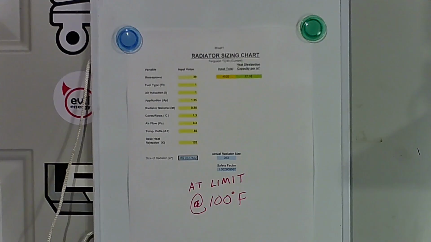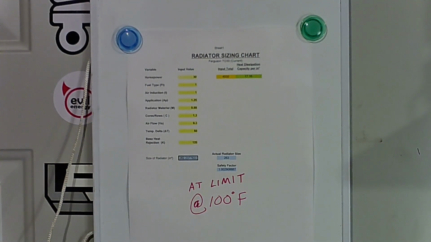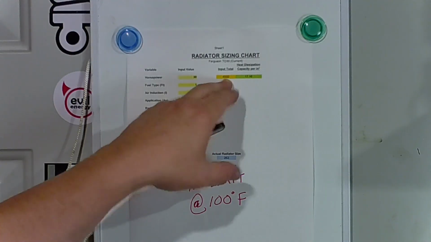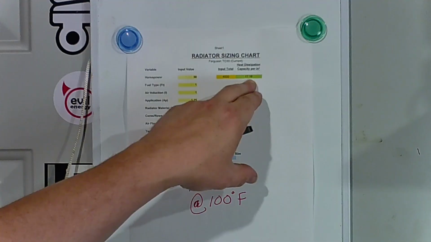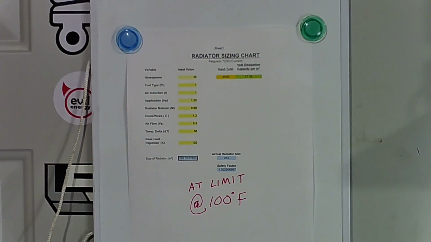My temperature delta is 50. My target coolant temperature is 150 degrees, and I have under the hood at 100 degrees. Of course, my base heat rejection is 120. So that gives me an input total of 4,500. That's the top number. And then it's divided by the heat dissipation capacity per square inch, which comes out to 17.16.